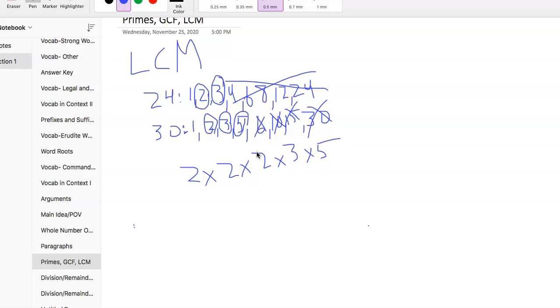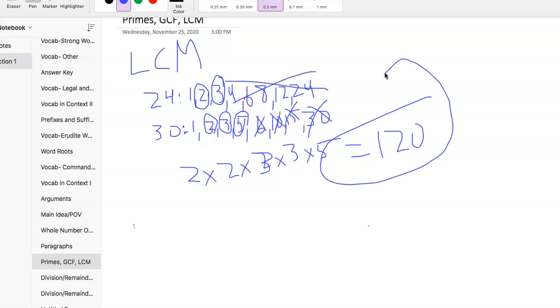So we got 2 twice, 3 twice, 5 once. And then we just multiply those together. It comes out to 120. Yeah, that should be 120. And then that's all we got to do. Okay, so that's least common multiple.